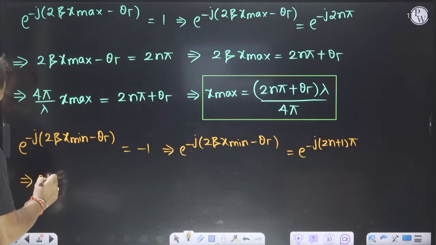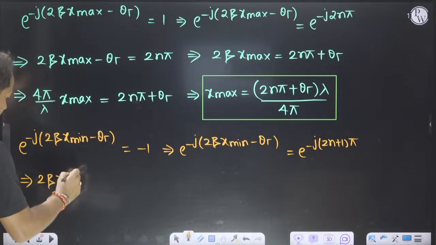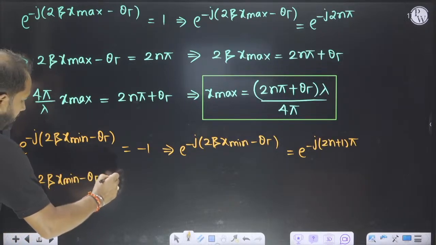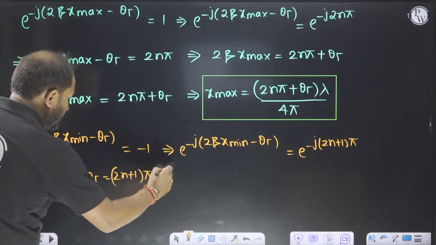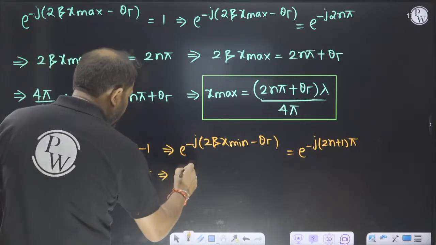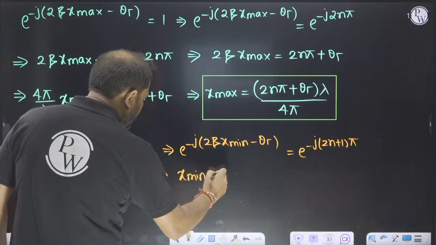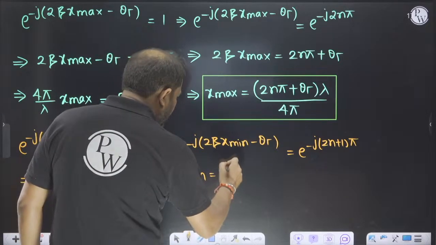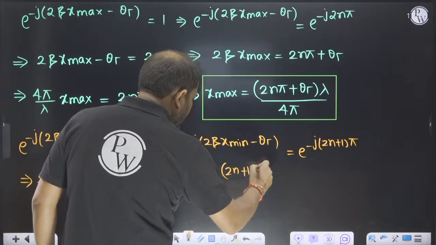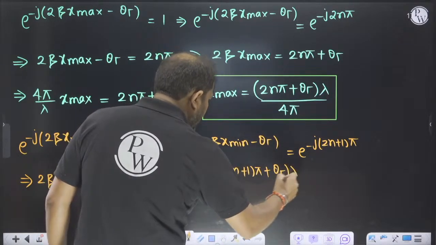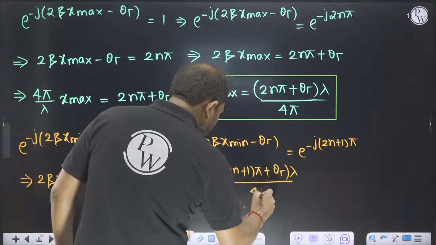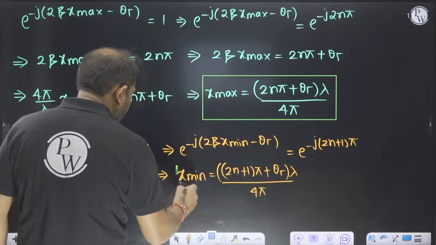So 2 beta x min minus theta gamma is equal to an odd multiple of pi. Then we have x min is equal to (2n plus 1) pi plus theta gamma, into lambda divided by 4 pi. So this is the formula for x min.